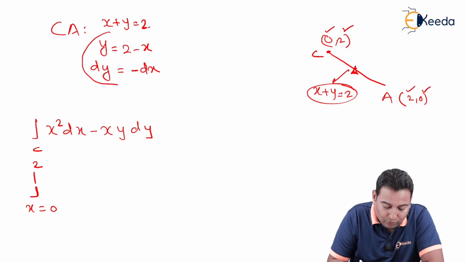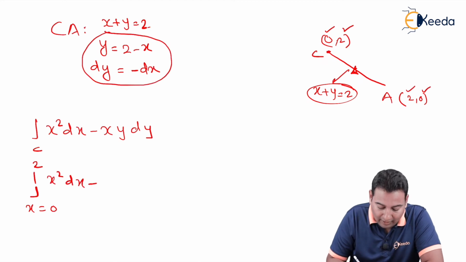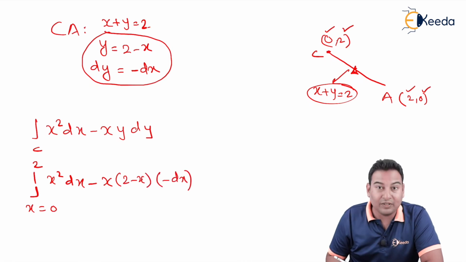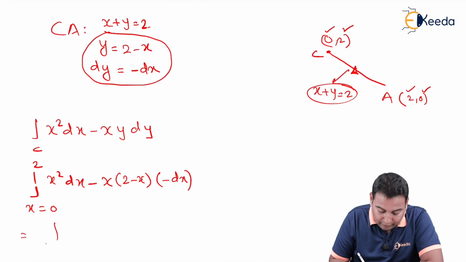Let me make this substitution. X square dx minus x, y is 2 minus x and dy is minus dx. Let's open this bracket. This is x equal to 0 to 2.